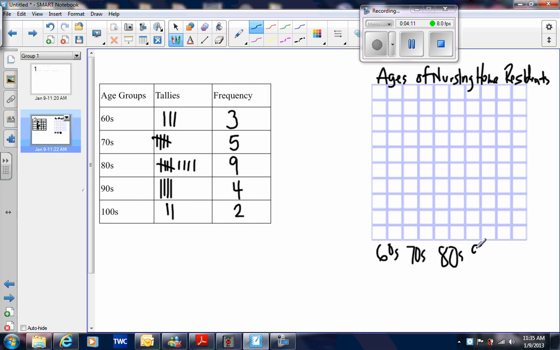These 2 columns right here would be for the 90s. And these would be for the hundreds. Now these numbers down here again are our age groups. So I would write the words age groups below there.